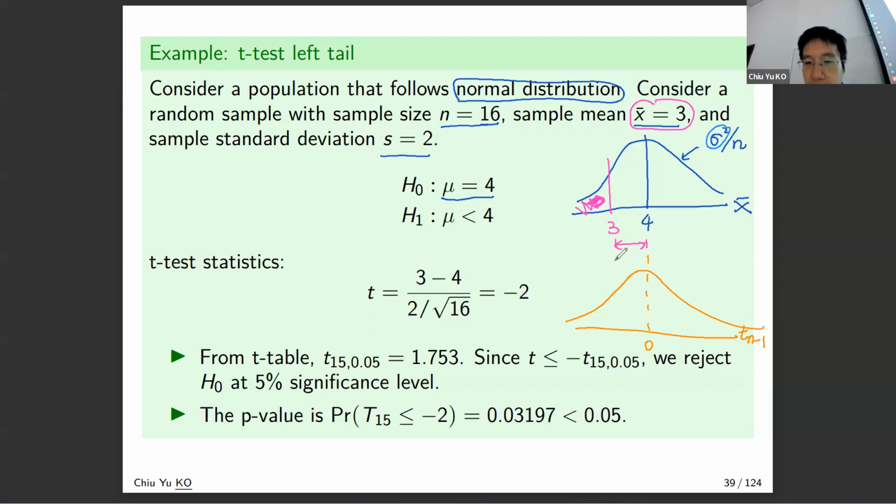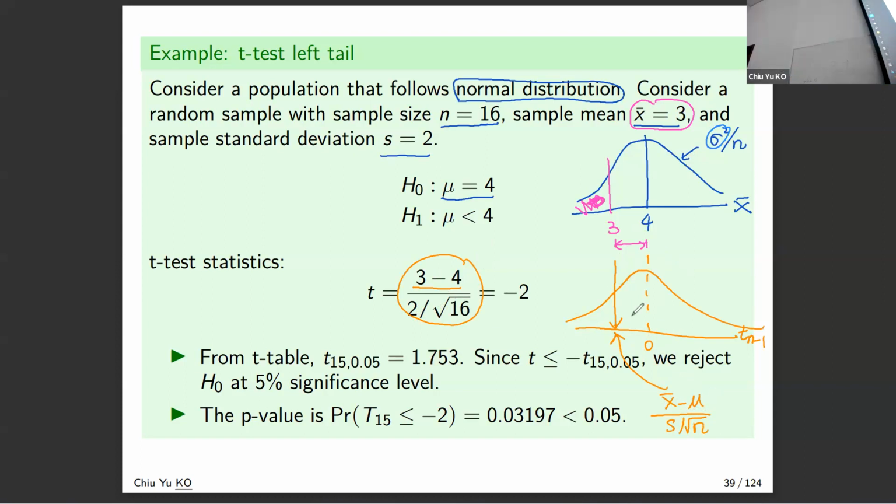You just use this conversion: 3 minus 4, difference 1, over s over root n. It's just x bar minus mu over s over root n. This is the conversion.